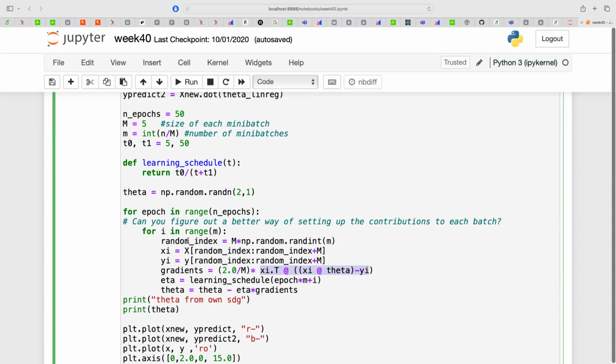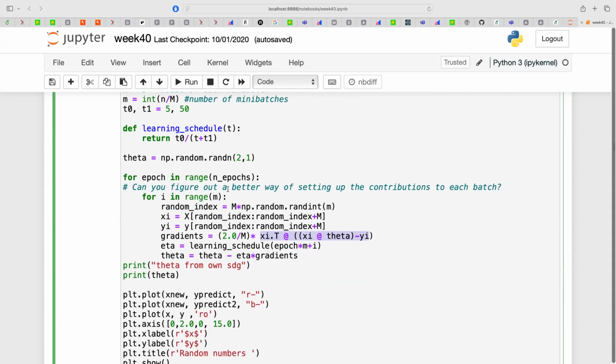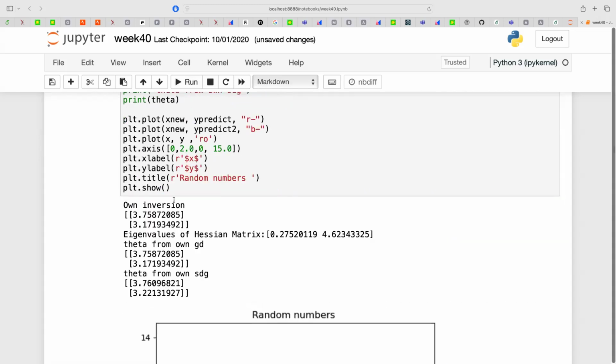Essentially, this stochastic gradient descent means that we introduce two new parameters, the number of epochs and the number of batches, and our results will depend on that. What you can see here is that the own inversion gives this. If I perform the calculation with my own gradient descent for ordinary least squares, this is what I get.